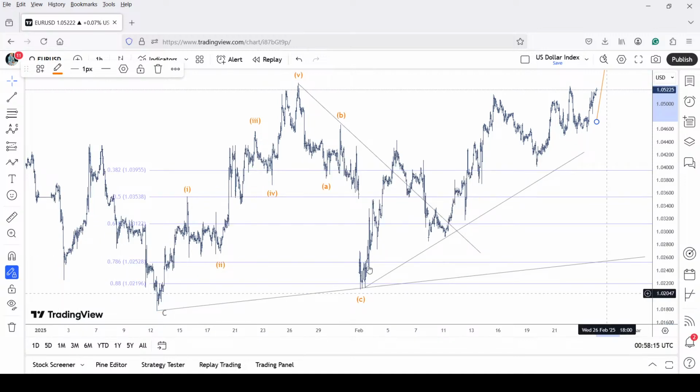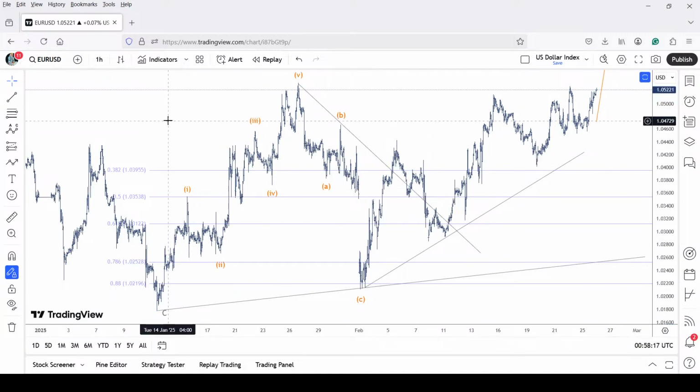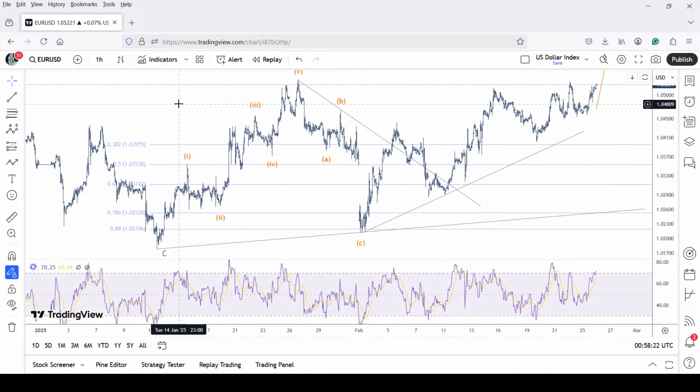Okay, it's not about my feeling; it's also the charts. That could be a standard flat in the making. We've got A, B, and possible C in the making.